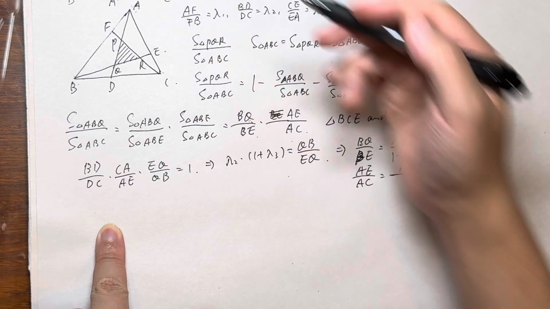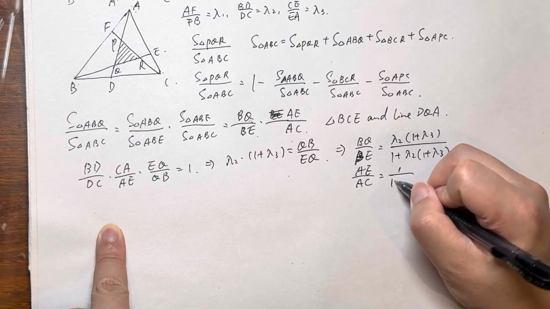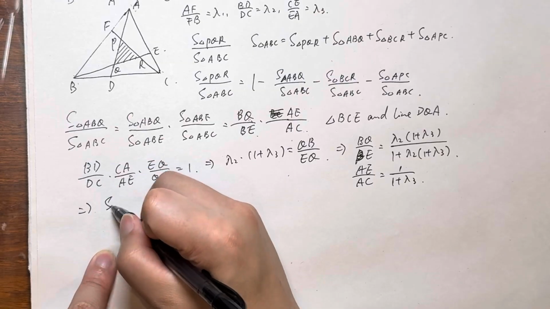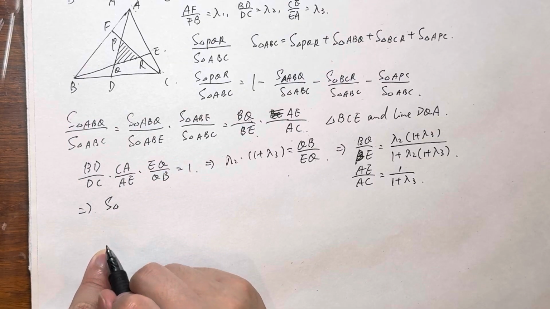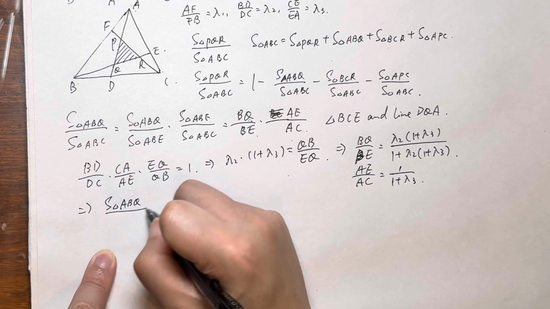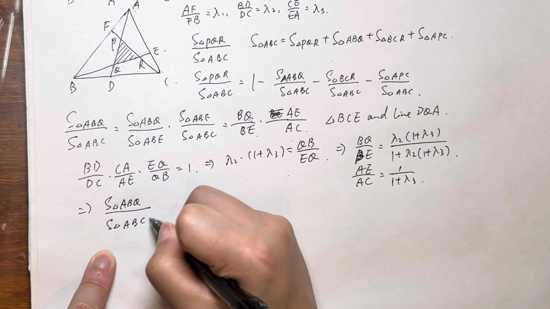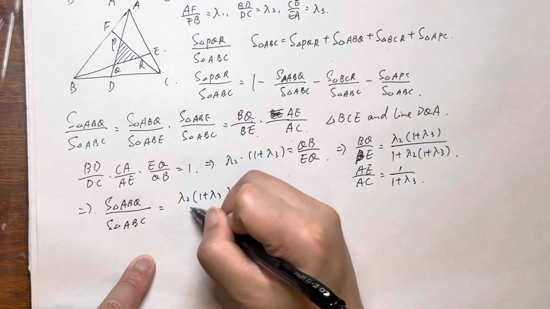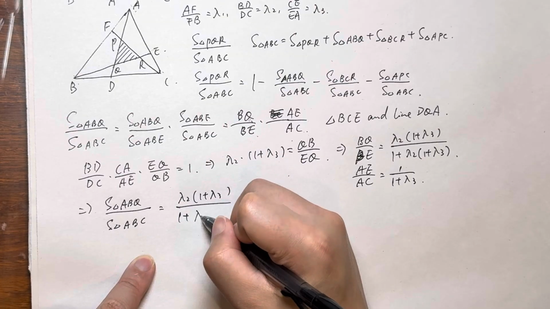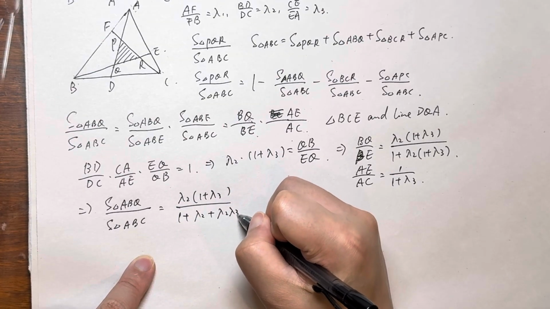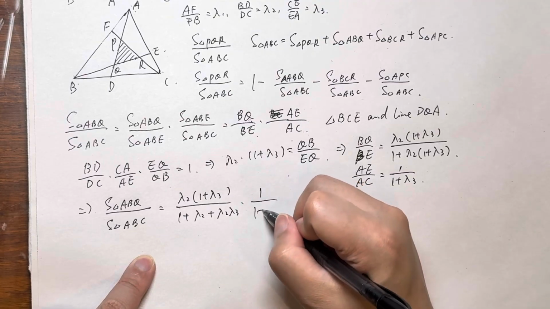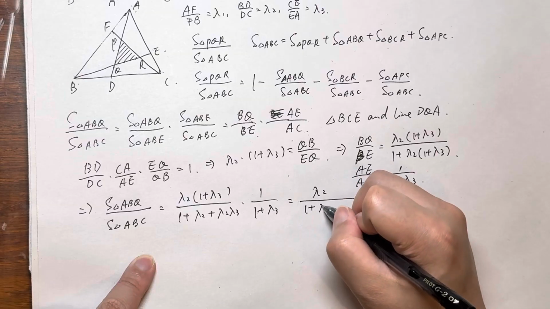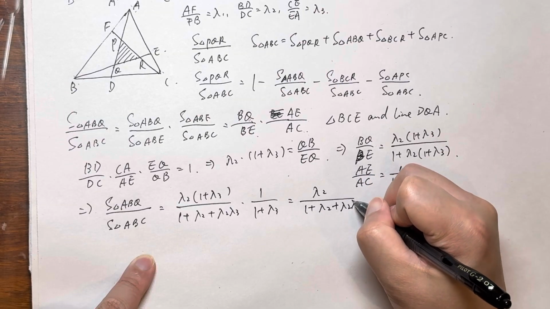So we get the area of triangle ABQ to the area of triangle ABC equals lambda 2 times (1 plus lambda 3) to (1 plus lambda 2 plus lambda 2 lambda 3) times 1 to (1 plus lambda 3), which equals lambda 2 divided by 1 plus lambda 2 plus lambda 2 lambda 3.